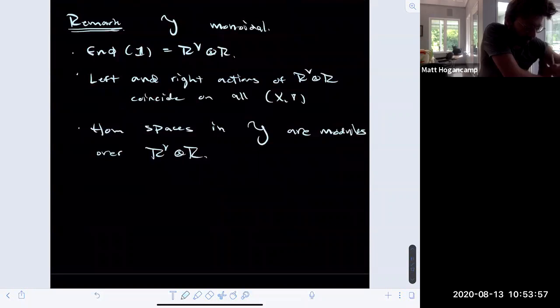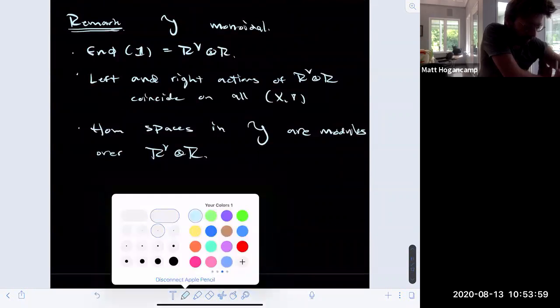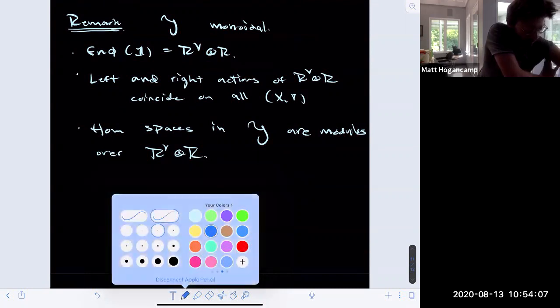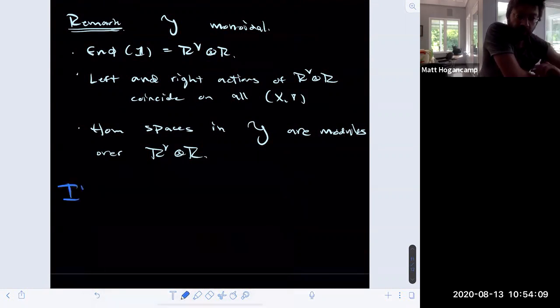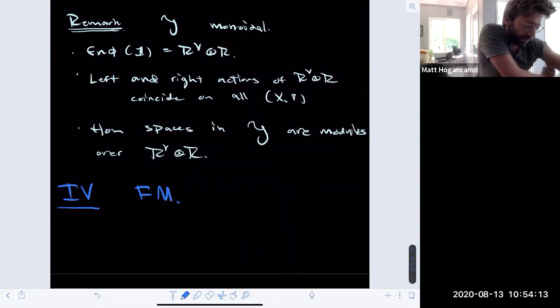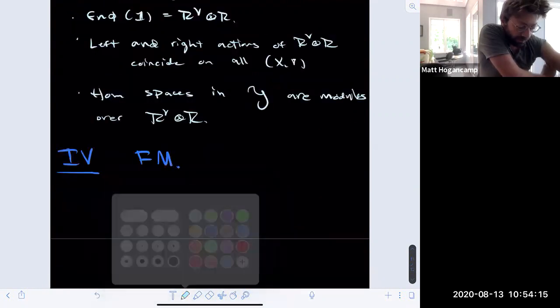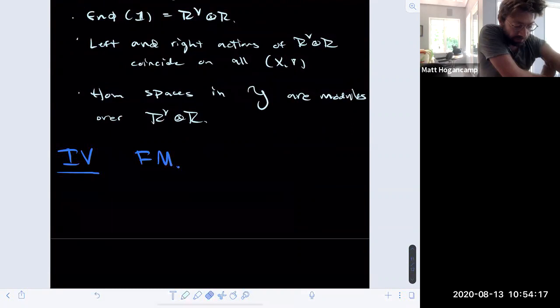And finally, the category FM can be obtained from this category Y by a similar procedure. What I want to emphasize here is the procedure by which we have these categories.